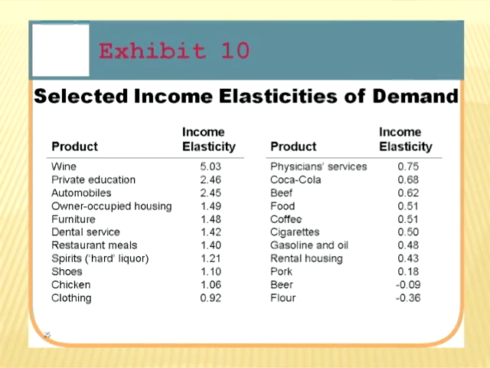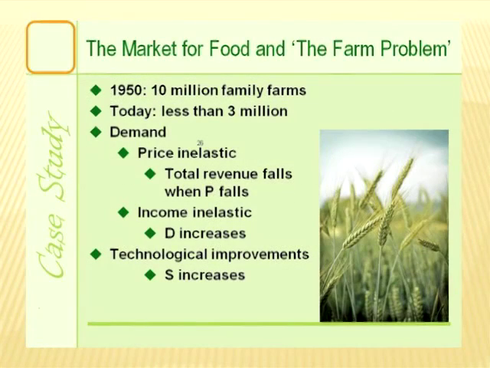Chicken comes in at 1, which means that there's very little change in the amount of chicken that you buy when you have a change in income. And this explains why we have a farm problem, because demand is price inelastic for farm goods.